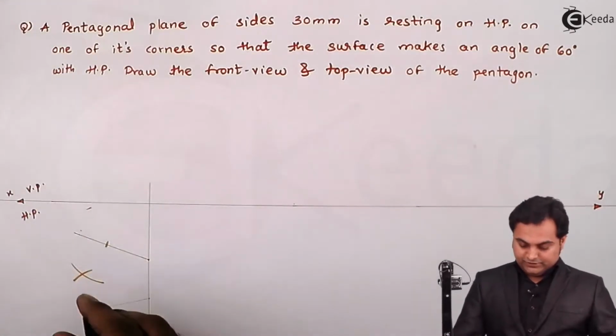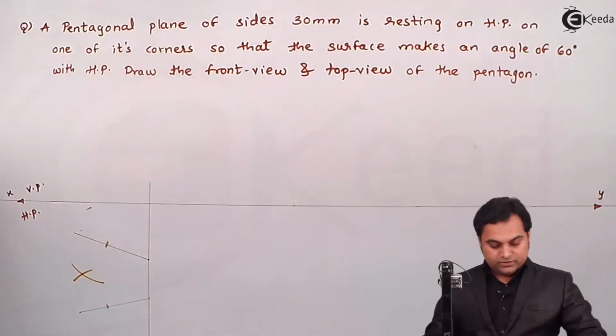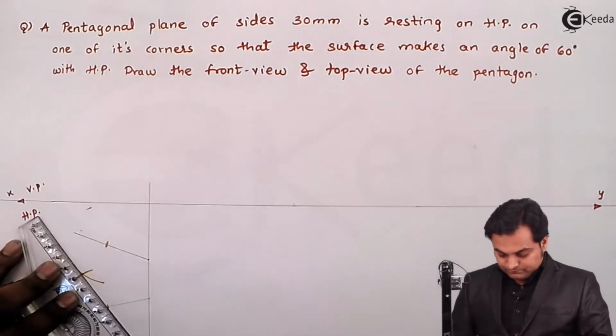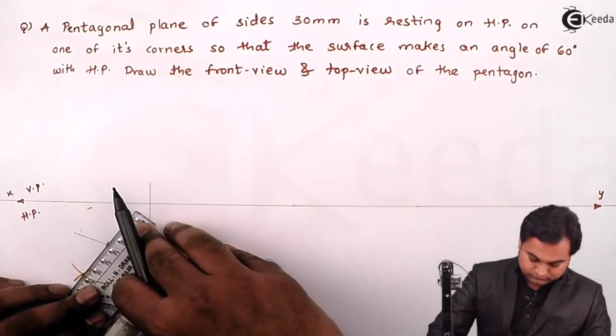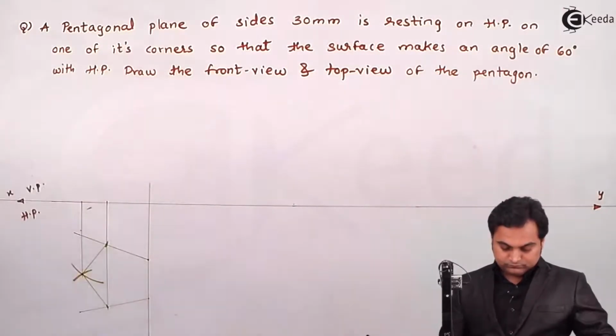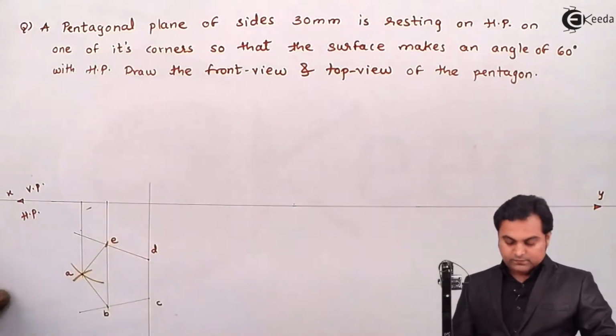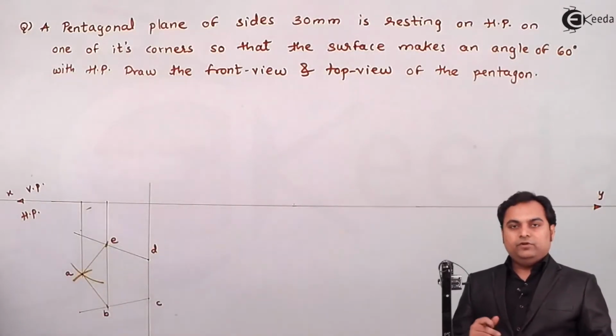Now I get this point, so joining all the points in the proper sequence will give me the pentagon. So this is the pentagon when we look it from the top.